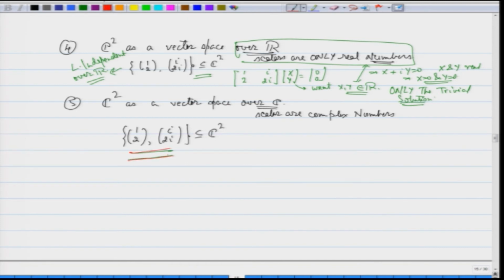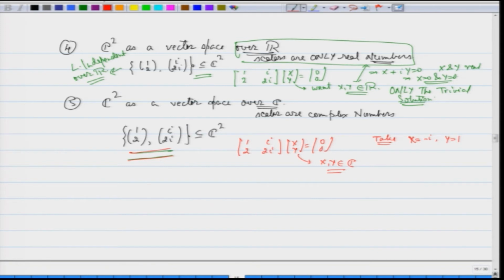In this example, you have (1, 2) and (i, 2i). I have to look at x times (1, 2) plus y times (i, 2i) equal to (0, 0), but x and y are now complex numbers. Since they are complex numbers, we can take x to be minus i and y to be 1.